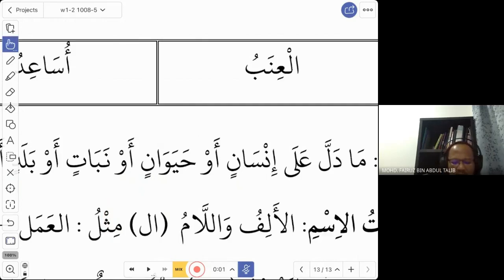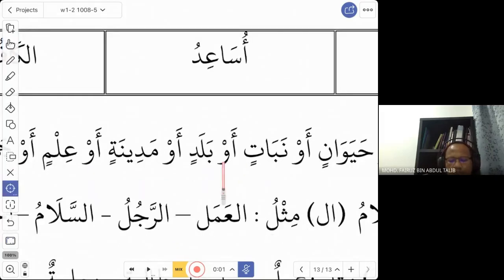And then they say here, au balad, or a country. Balad can have different meanings. You can translate it as a country, a state, a town, an area, a place.